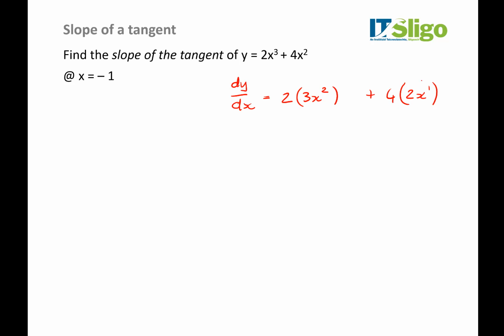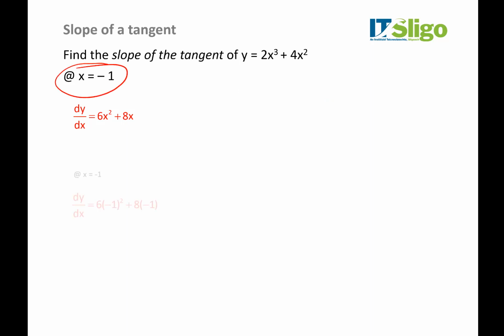Add minus 1 to my old power. This will give me 6x squared plus 8x. And now we're interested in when x is equal to minus 1. Feed minus 1 in for x, and we get dy dx is minus 2.